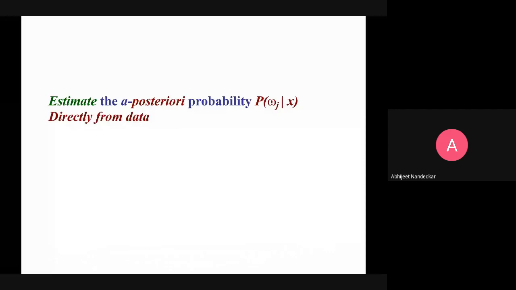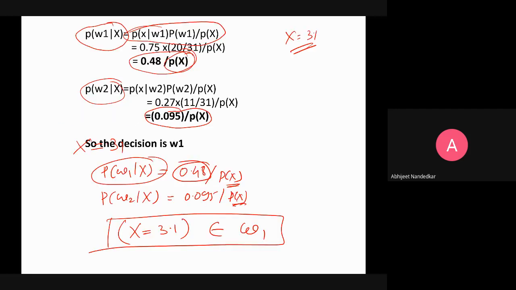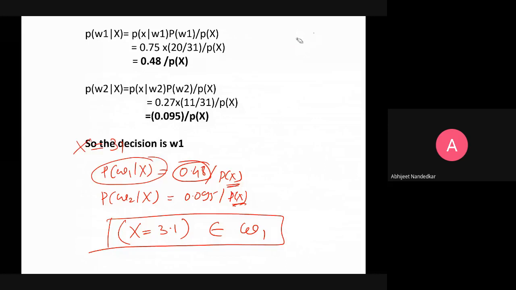Now we have seen two methods which do estimate likelihood. These are likelihoods that we have estimated either using Parzen window or using k nearest neighbor.